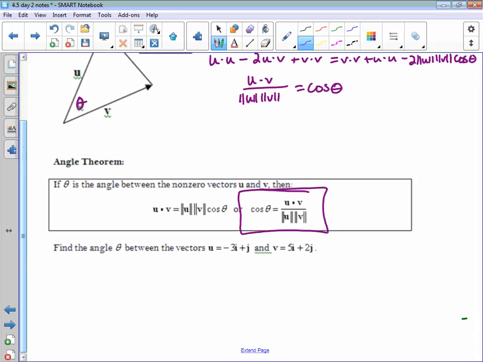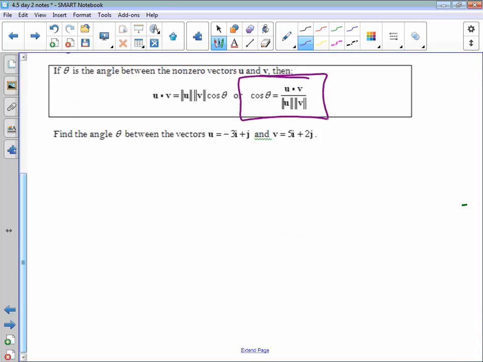All right, guys, so let's actually try to use this formula. You use this when you're looking for the angle in between two vectors. So I've given you two vectors here. This one's negative 3, 1, and this one is 5, 2. So cosine of theta, we need the dot product of those two vectors. That's negative 3 times 5 plus 1 times 2 over the magnitude of each.